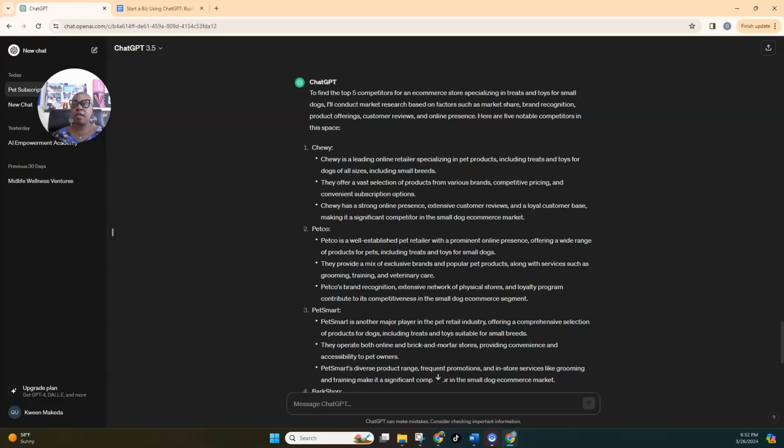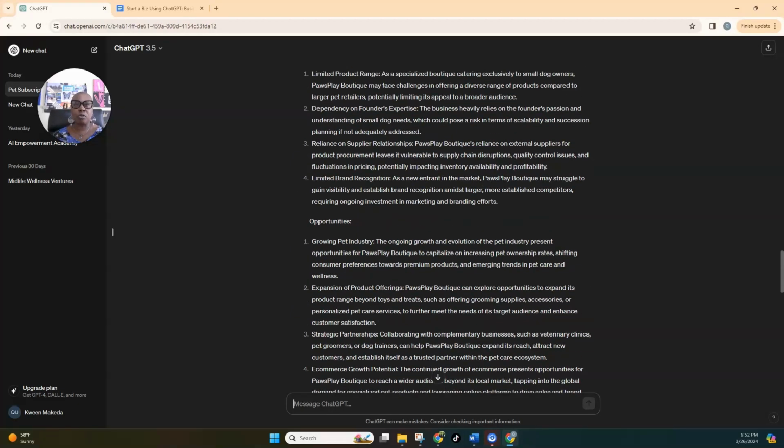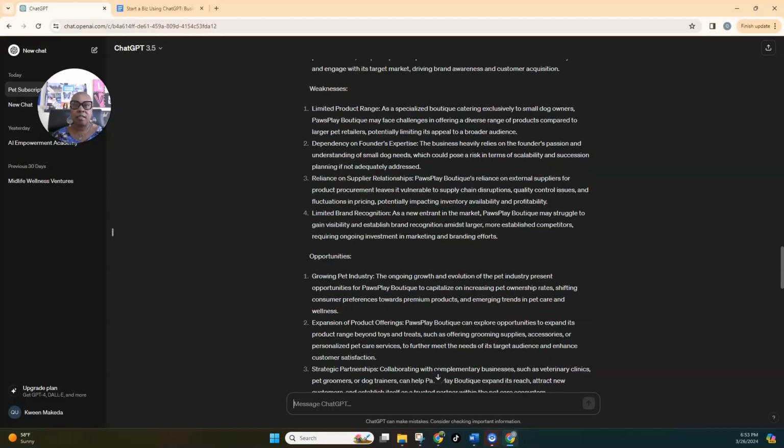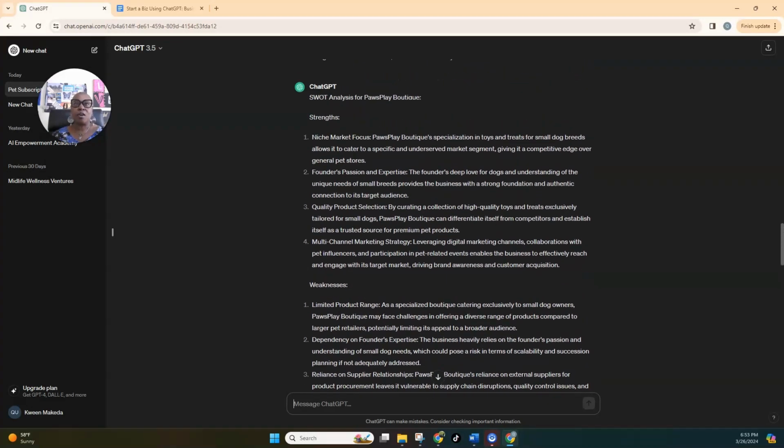Petco, PetSmart. Now, one of the things that I do want to scroll up and show you that I did see as an opportunity is, hold on, let me see, a strength. One of the things it said for a strength is how there are large stores that have general merchandise and don't specifically cater to small breed dogs, because that is the niche that I'm going for.